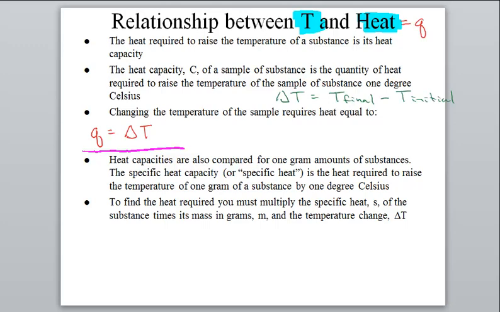This constant is called heat capacity, and it's given the letter abbreviation C. So here's an equation, and we'll explain what heat capacity means in a second. But the heat flow equals the change of temperature times a constant C, which is called heat capacity. This is one equation for heat.